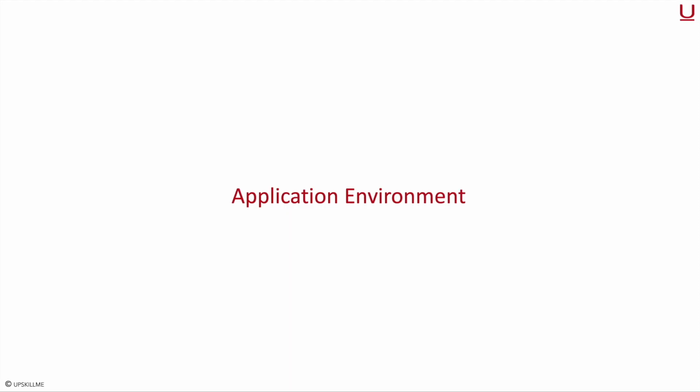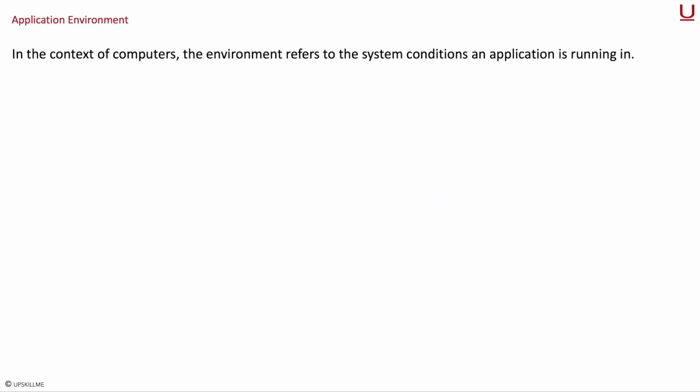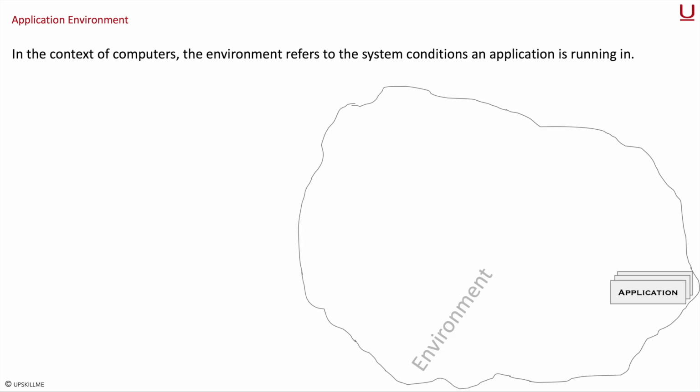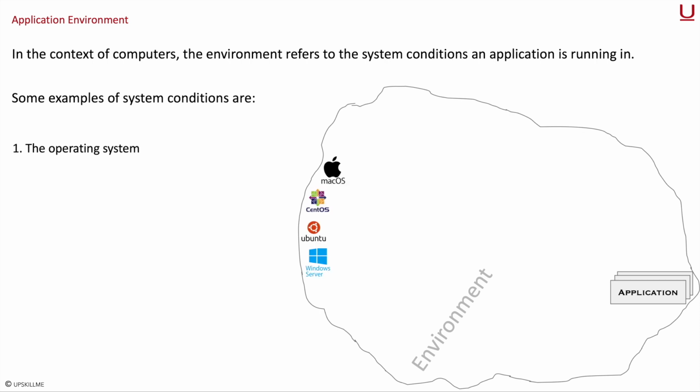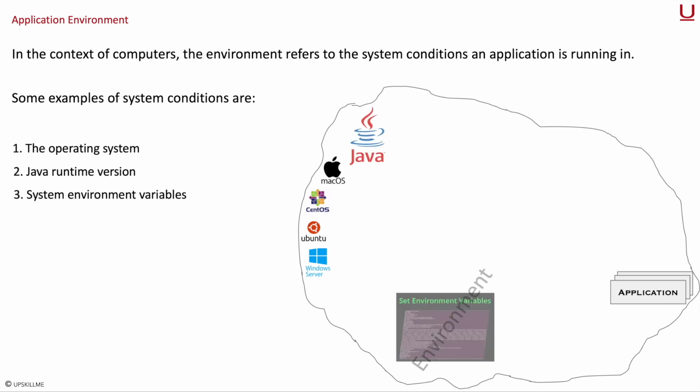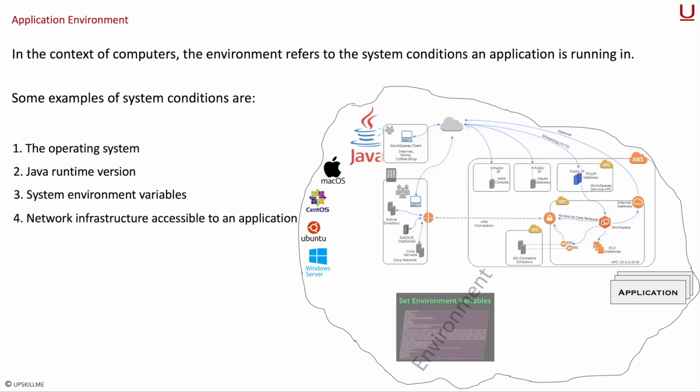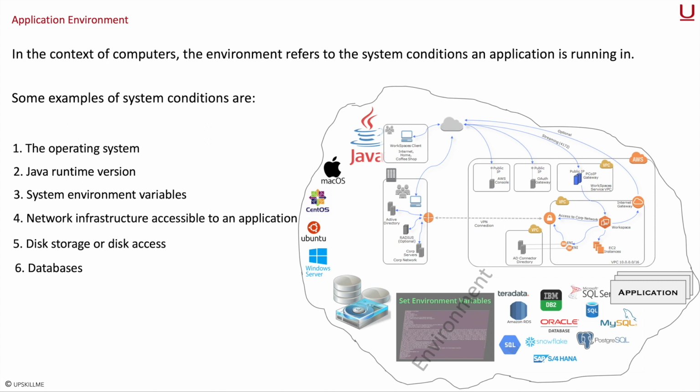The first one is application environment. In the context of computers, the environment refers to the system conditions an application is running in. Some examples of system conditions are: number 1, the operating system, number 2, Java runtime version, number 3, system environment variables, number 4, network infrastructure accessible to an application, number 5, disk storage or disk access, number 6, databases.